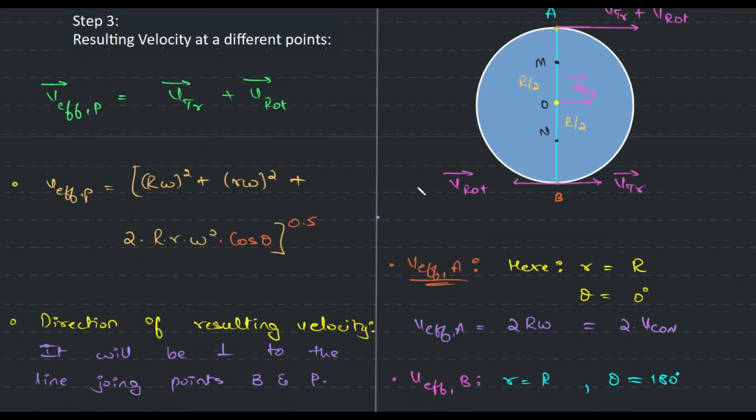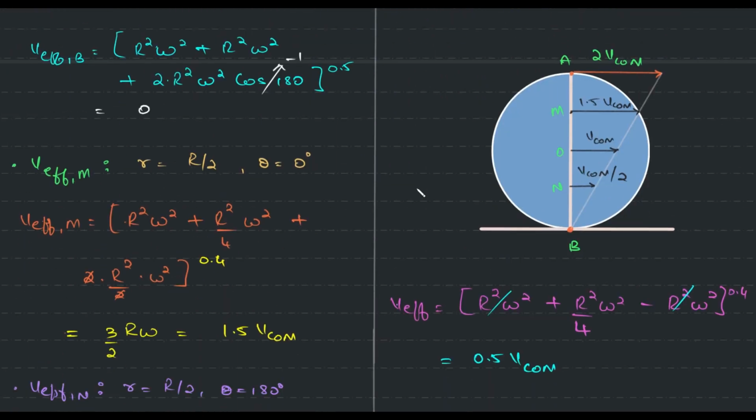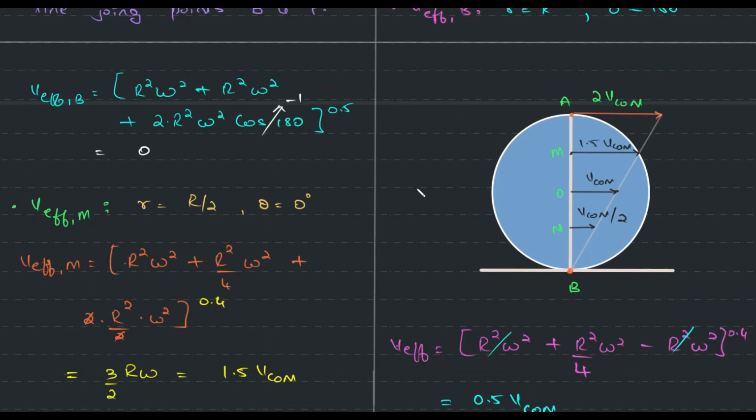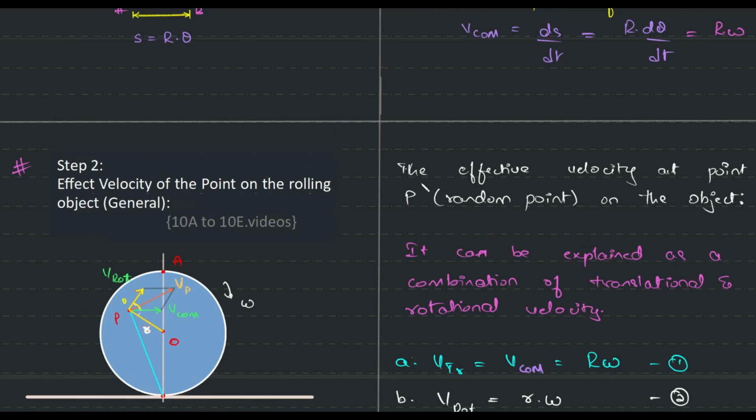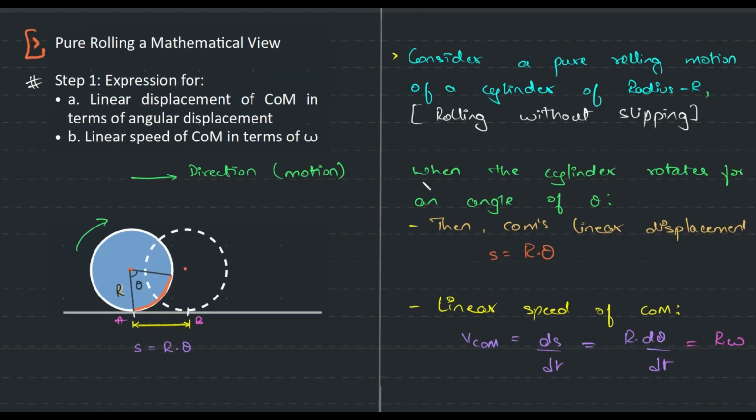Okay, so basically this is it. See how easy it is. That's how you'll be able to explain such complicated stuff. So again, I'll go back. Rolling motion is complicated if you try to dive into it directly. But if I use translation plus rotation, it makes it simple. So everything is expressed in terms of your center of mass. For that, I need to get an expression for center of mass, which I did over here.